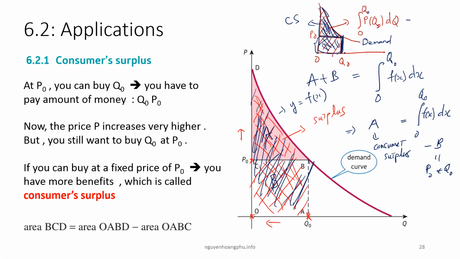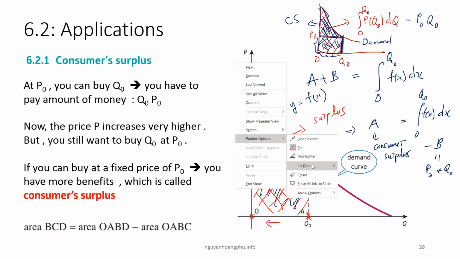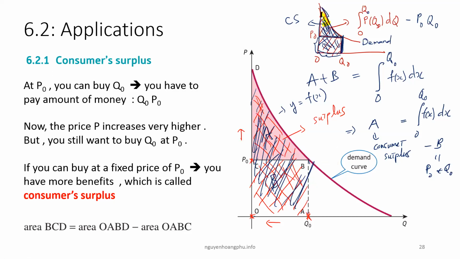P0 trừ 0 thì chính là P0, Q0 trừ đi 0 chính là Q0. Như vậy diện tích hình chữ nhật này thì nó chính là trừ đi P0 nhân Q0. Thì đây chính là cái công thức tính của consumer surplus. Và đây phần này chính là consumer surplus, chính là đây trong này người ta đã vẽ bằng cái hình màu hồng đây rồi.